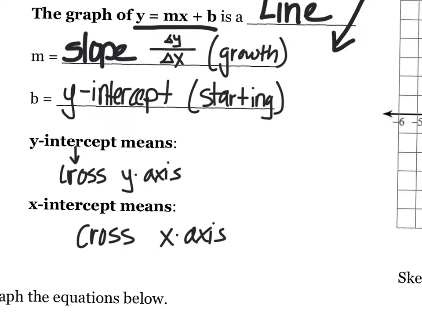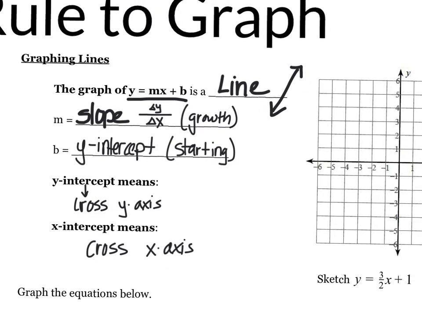Whenever we cross the y-axis, that means we didn't go left or right at all. So your point will always look like 0 comma something, some number for y, on the y-axis. And the x-axis is the other way around: now we have x as a value and 0 for y. Those are important points that will also be helpful for unusual lines.